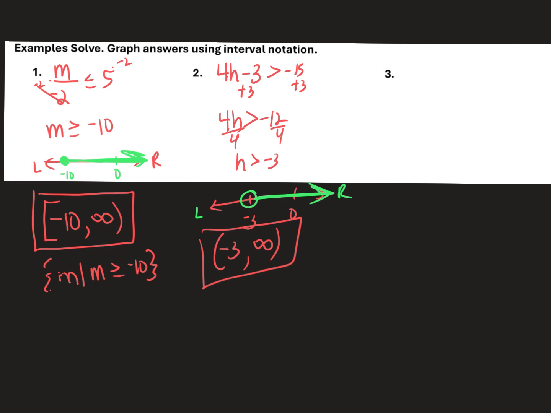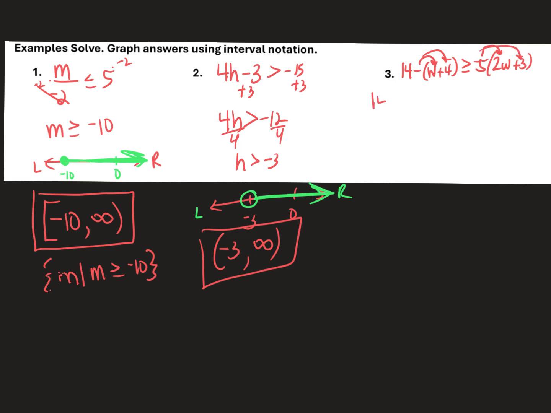Then number 3, 14 minus the quantity w plus 4 is greater than or equal to -5 times the quantity 2w plus 3. I'm going to distribute my negative and distribute my -5.